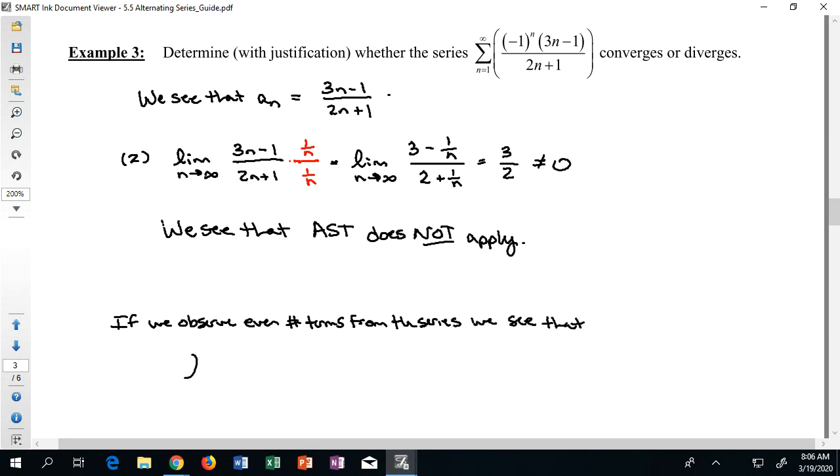we see that the limit as n approaches infinity of -1 to the n times 3n minus 1 over 2n plus 1, if I'm dealing with even numbered terms, that's n being even, then really I can see what happens to that -1 to an even power. Well, that's always going to be positive, right? So I'm going to just be able to reduce down to this, and we already said the limit of this is 3/2.